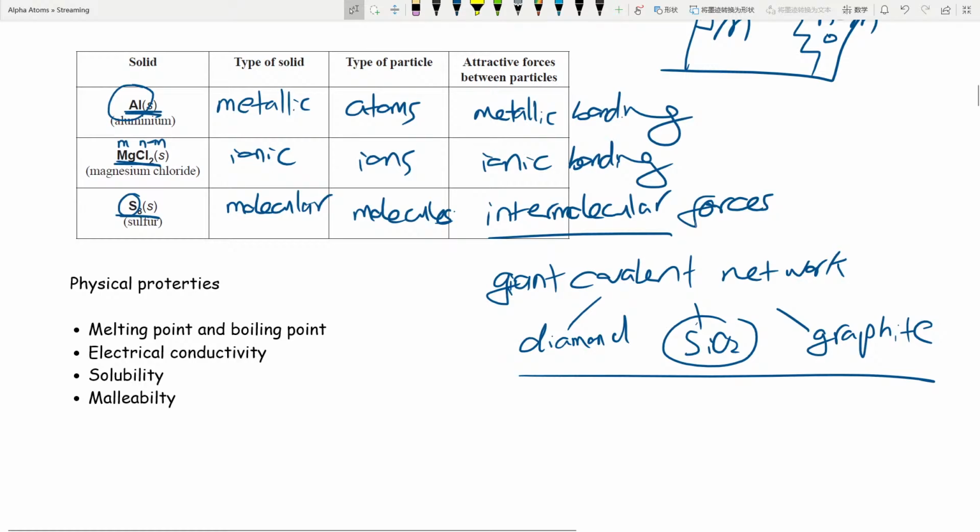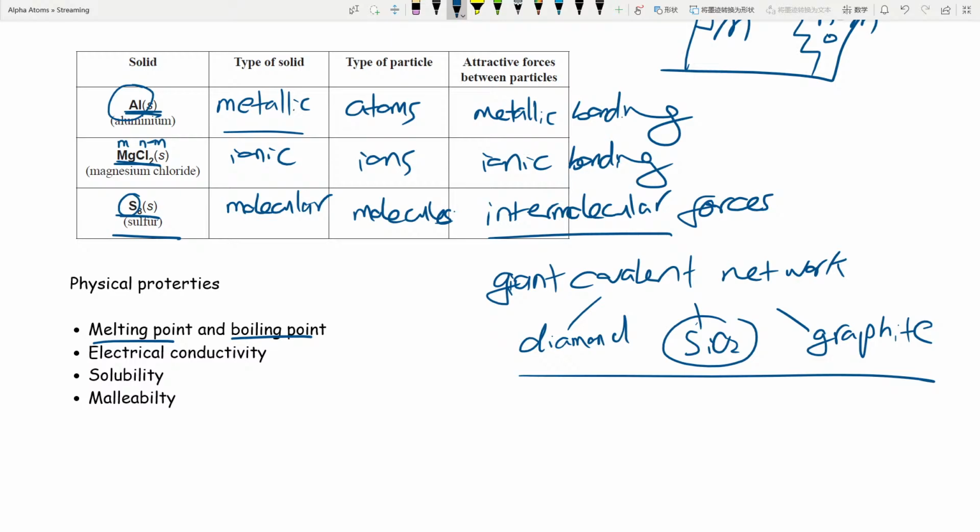So what you need to be able to do is to compare differences in the physical properties, using the bonding to explain. For example, why does aluminium have such a high melting point compared to sulfur? When you explain it, you say aluminium is a metallic solid. It's made of metallic bonding, which is the delocalized electrons bonding to the nuclei, which is really strong.